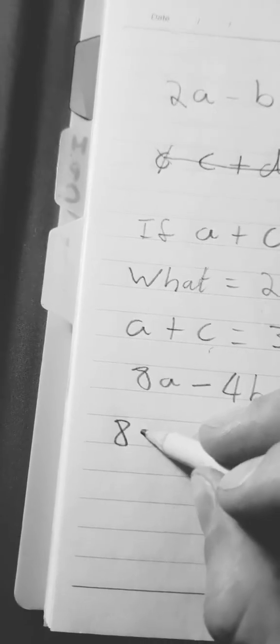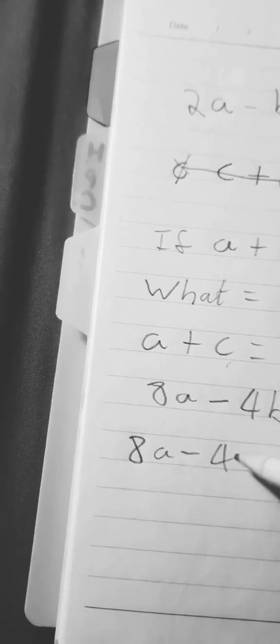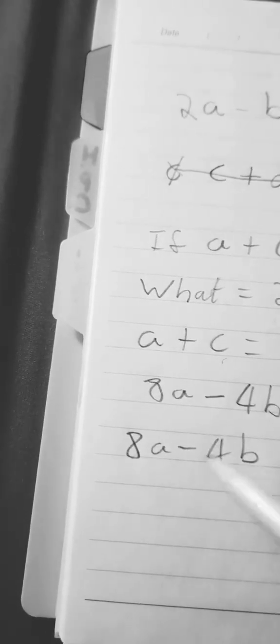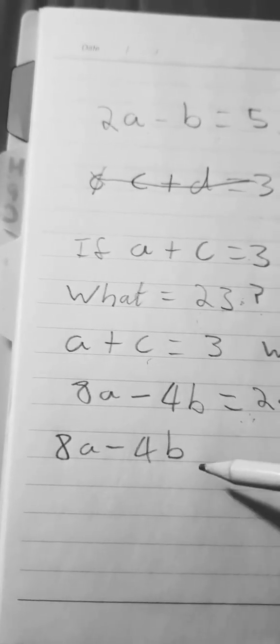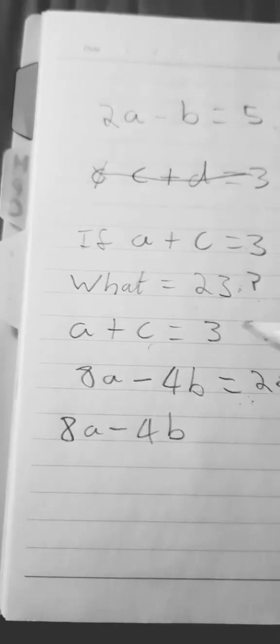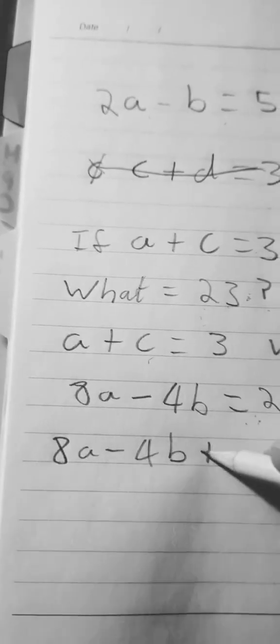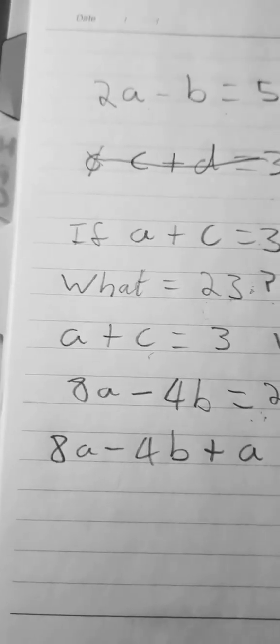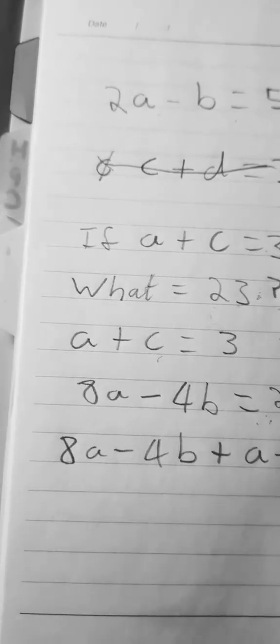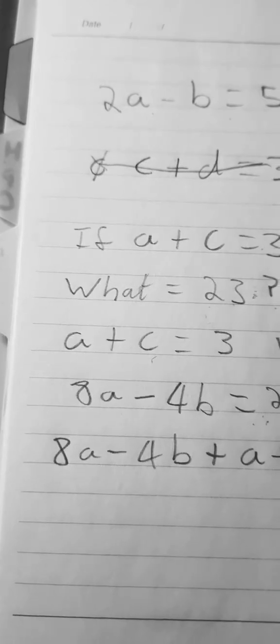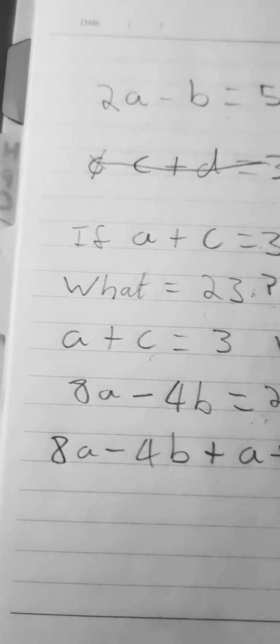Okay, let's write it. 8a minus 4b. That's our 20, guys, there. All right. Now we need to add our 3 on. Now I can't just add 3. I need to add a plus c, so a plus c equals 23.